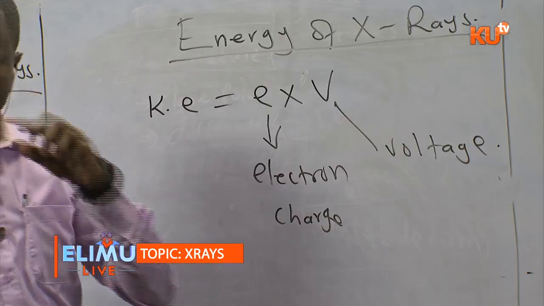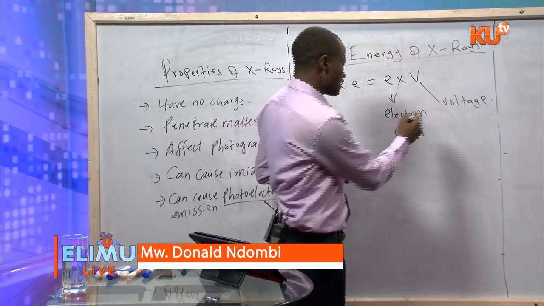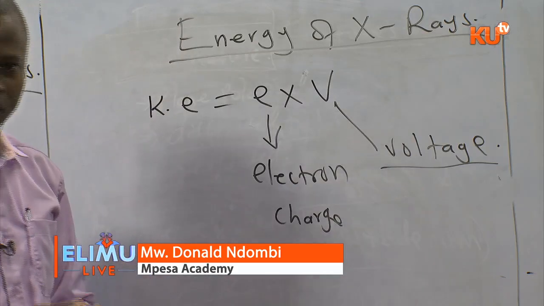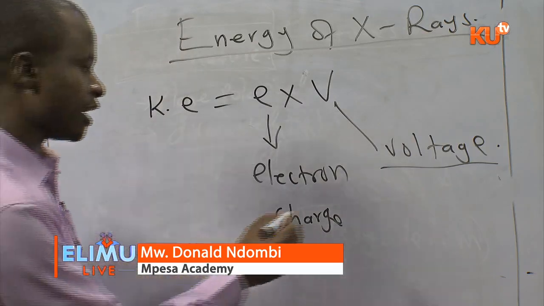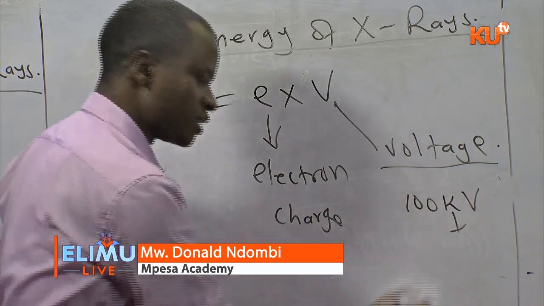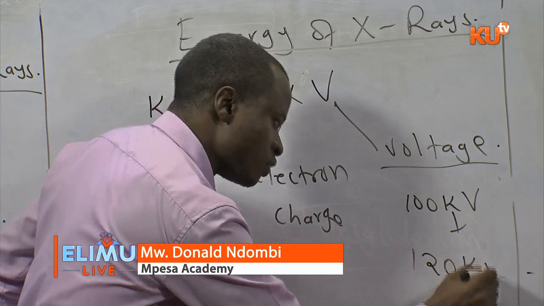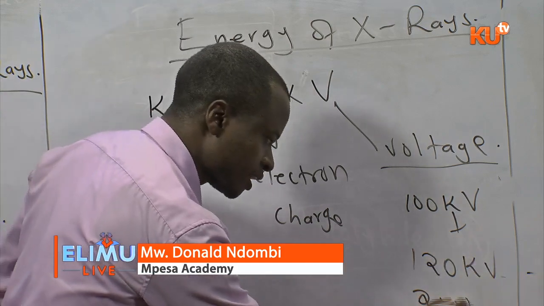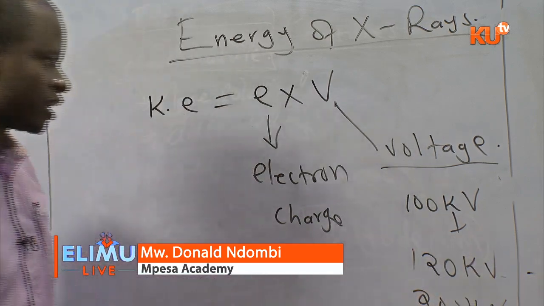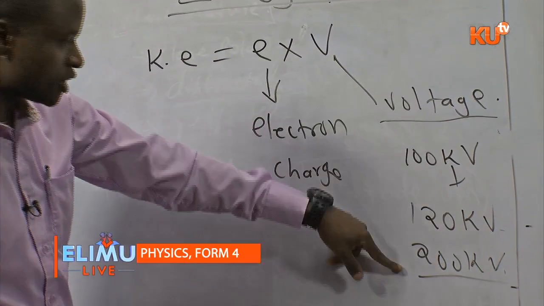We have connected our filament to some circuit. So the voltage of that circuit is usually a very high voltage in kilovolts, like we can talk about 100 kilovolts. Kilo means 1,000. Or we can talk about 120 kilovolts, or 200 kilovolts. So this is what we are calling the voltage, or the accelerating potential.